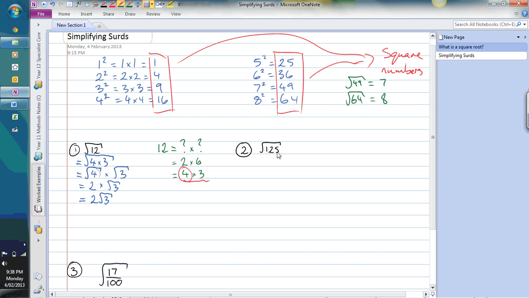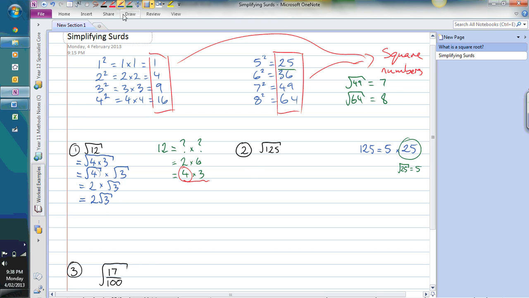And if you actually work that out, you can find out that 125 is equal to 5 times 25. Now that's particularly nice because 25, once again, is in my list of square numbers. So I know that the square root of 25 is going to be equal to 5.